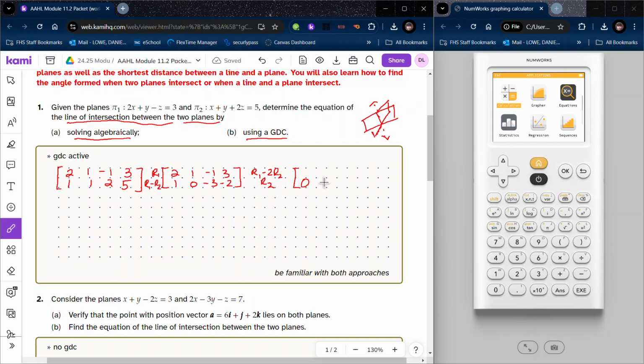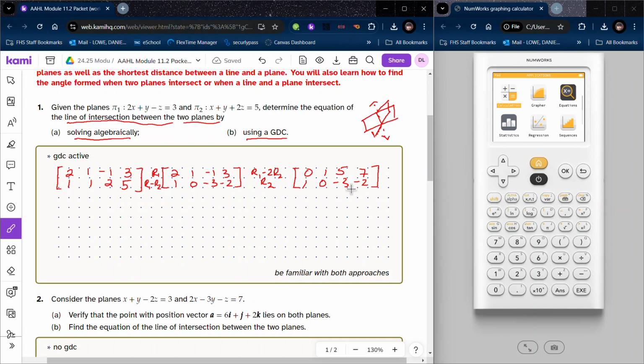I'm going to keep row 2 where it is, 1, 0, negative 3, negative 2. Then I'm going to take this minus double that, that's 0. Take this minus double that, that's 0. Take this minus double that, so that's negative 1 minus negative 6, which would give me a 5. And then this minus double that, that would be 3 minus negative 4. So that's going to give me a 7.